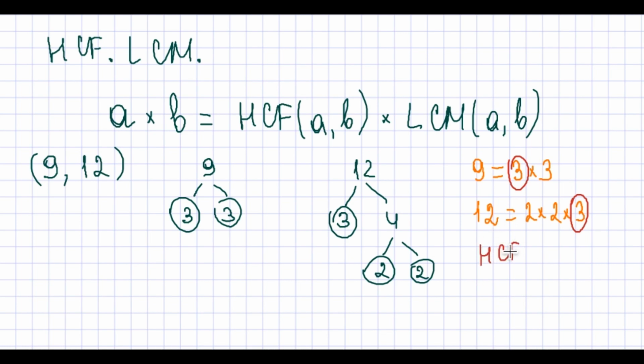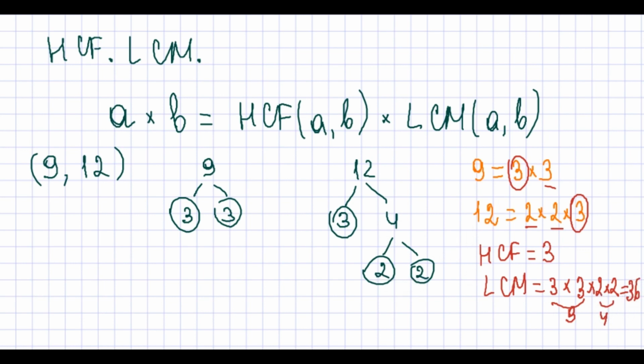So the HCF of 9 and 12 is 3, but for their LCM, the common factor 3 times the non-common factors 2 times 2, so 3 times 3 times 2 times 2, it will be 9 and 4, 36.